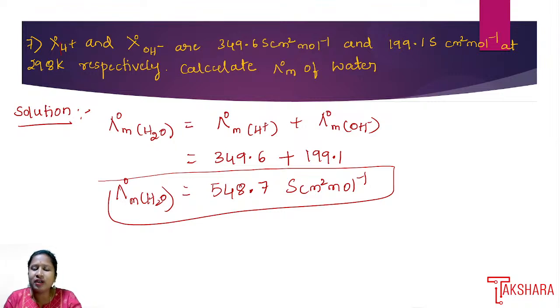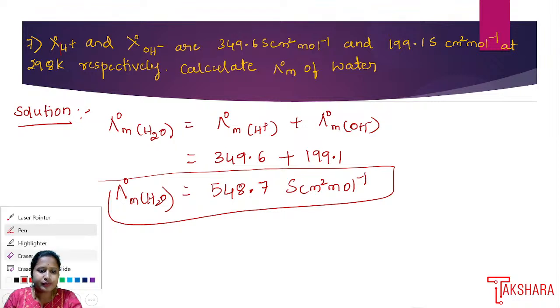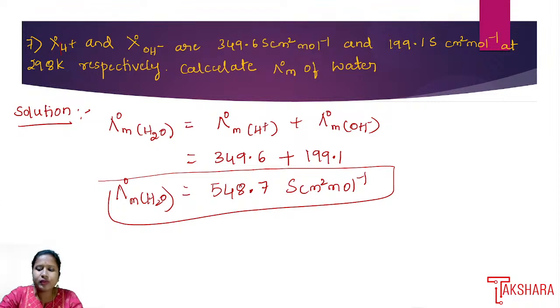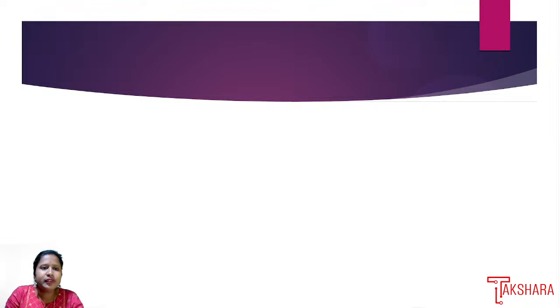So lambda naught m of water at infinite dilution is 548.7 Siemens centimeter square per mole. So that is the answer. Yes, next question. Next one, that is the 8th question, we will go.